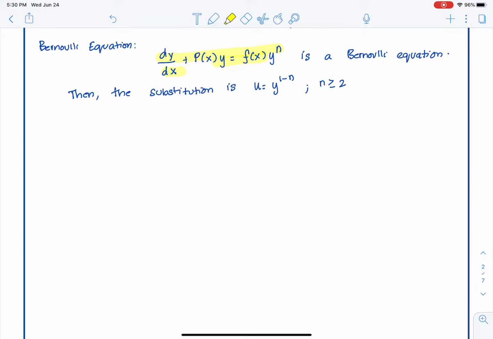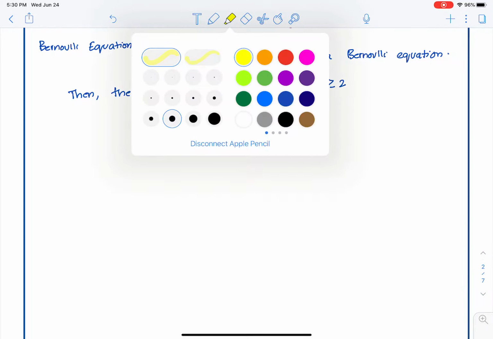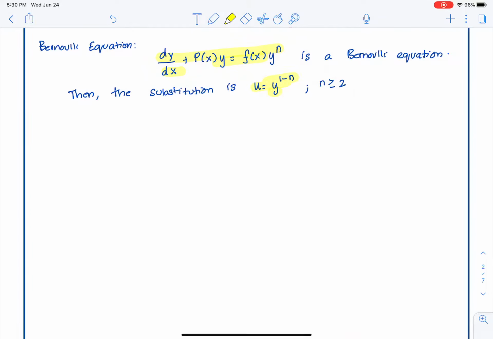And if that is the case, then we always make the substitution u equals y raised to 1 minus n. And when we make that substitution, the original Bernoulli equation would change into a linear equation, or it is going to change into a separable equation. So the objective is to take a Bernoulli equation and change it to a linear equation or a separable equation, and use one of the techniques that we use for linear and separable equations to find the answer.